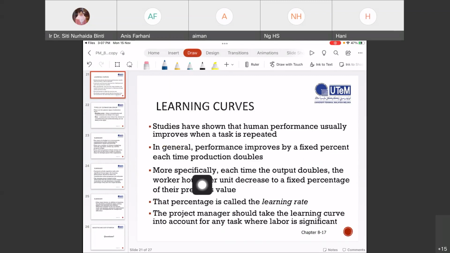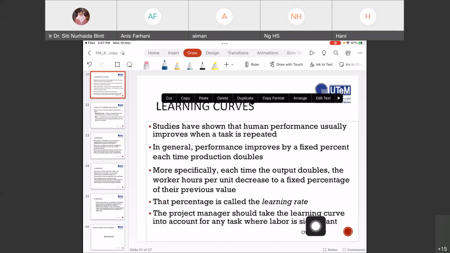So more specifically, each time the output doubles, the work hours per unit decrease to a fixed percentage of their previous value. That percentage is called the learning rate. A project manager should take the learning curve into account for any task where labor is significant.